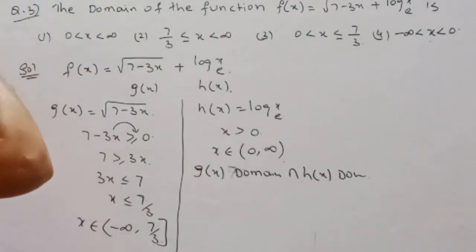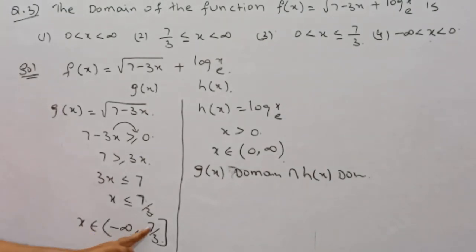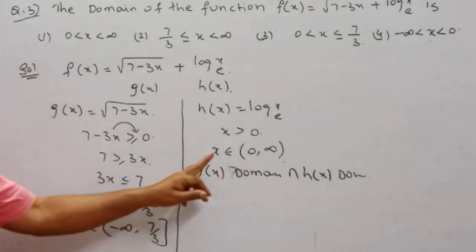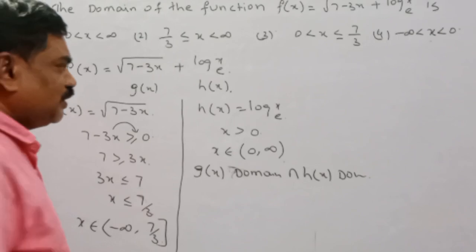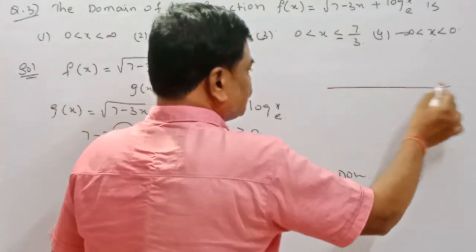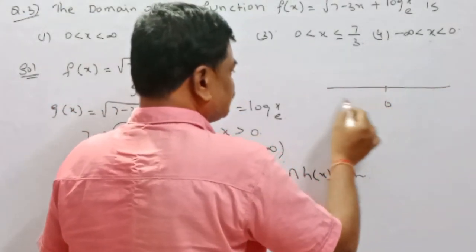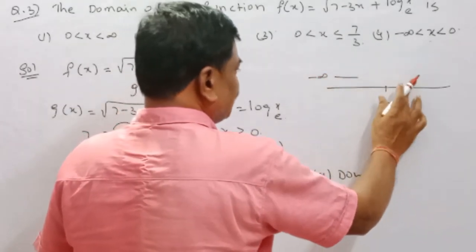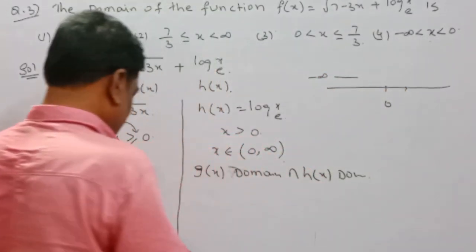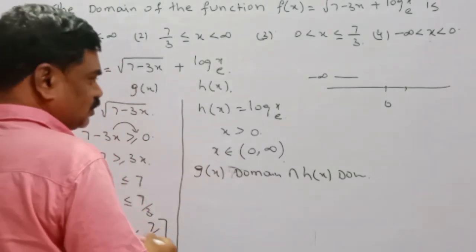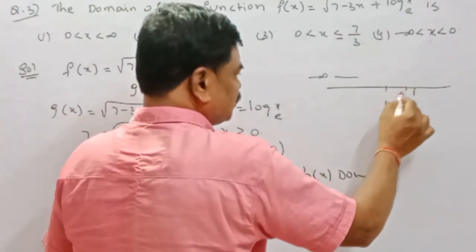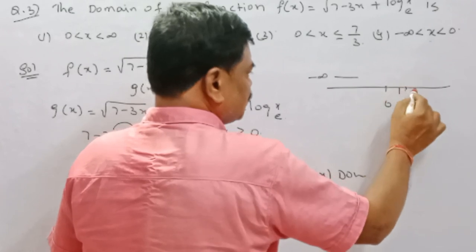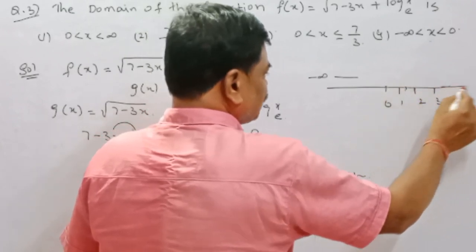You see, this is from minus infinity to 7 by 3. This is from 0 to infinity. So this is the number line. This is 0, and suppose this is 1, this is 2, this is 3.